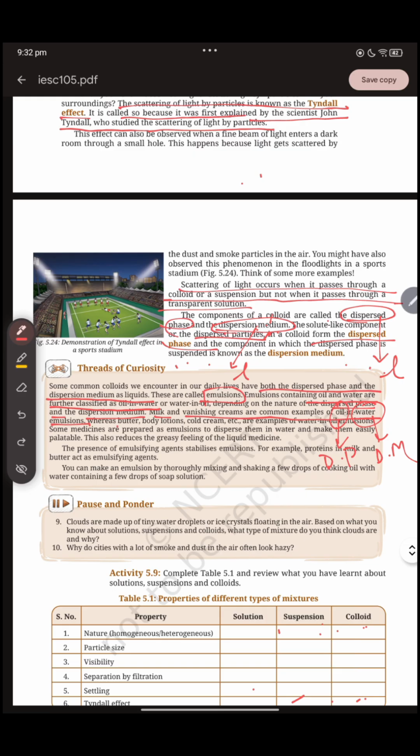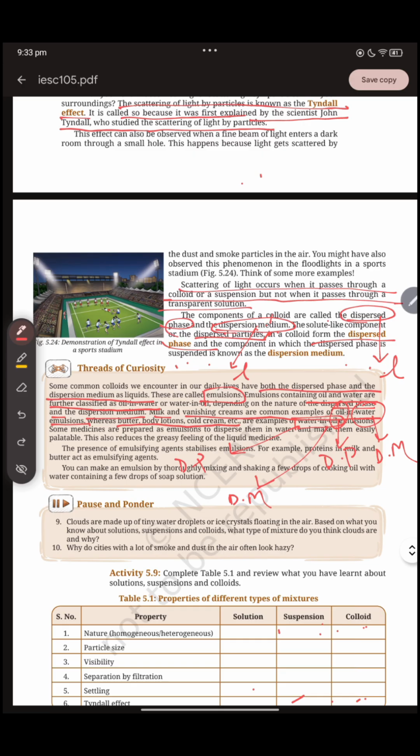Whereas butter, body lotion, cold cream, they are water in oil. So keep this in mind. Oil in water emulsions are milk and vanishing creams, and butter, body lotion, cold cream are water in oil. Water in oil means the dispersed phase is water, dispersion medium is oil.